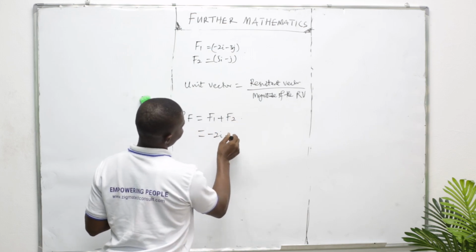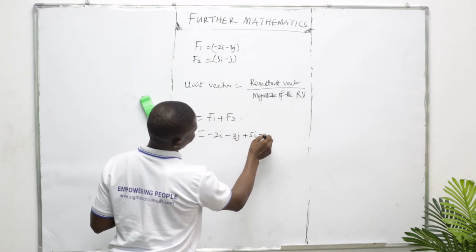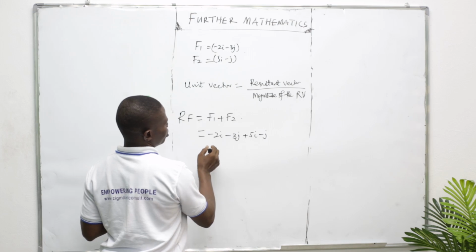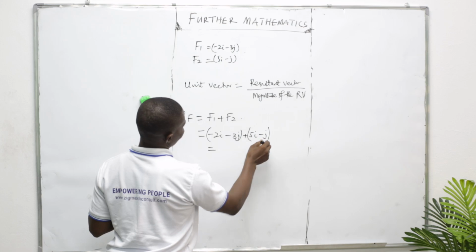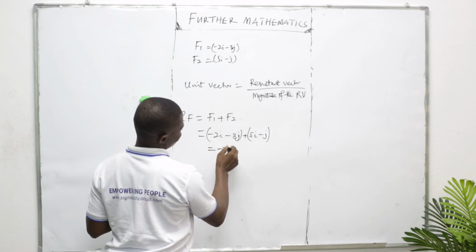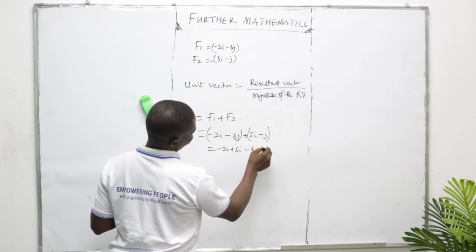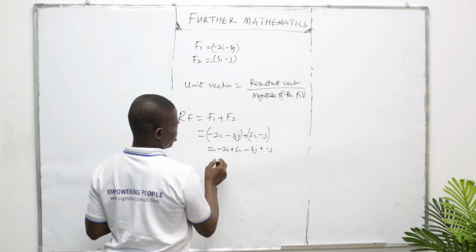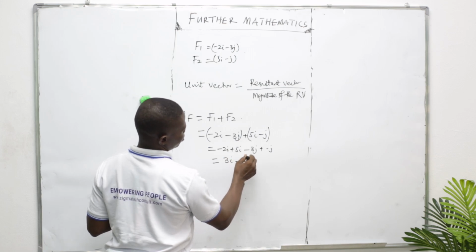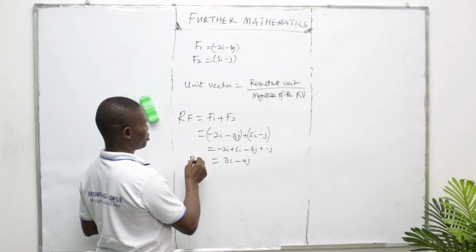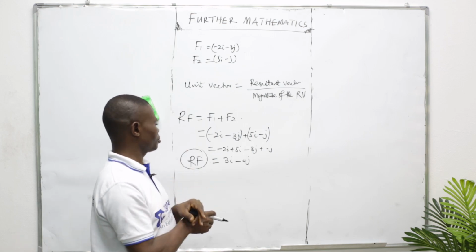Minus 2i minus 3j plus 5i minus j. This will give us minus 2i plus 5i minus 3j plus minus j. This will give 3i minus 4j. This is resultant force. It is the resultant vector itself.